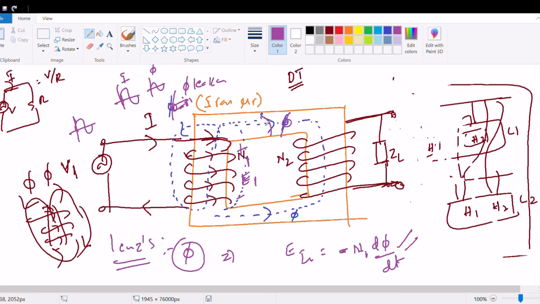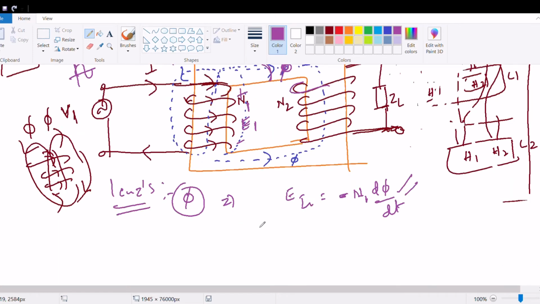After that, this flux flows through the iron path and it cuts these conductors. When an alternating flux cuts stationary conductors, an EMF is induced across them. So an EMF is also induced across the secondary conductors or secondary terminals, which is equal to N2 d phi by dt.